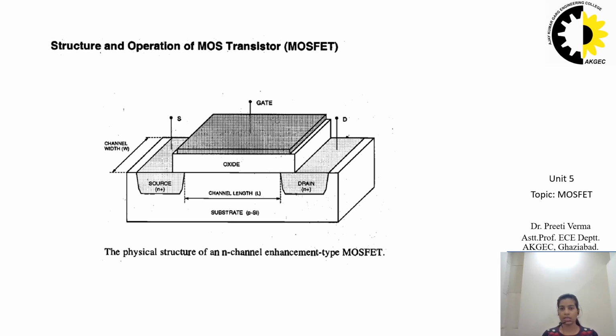Similarly, in depletion type MOS, we have N-channel depletion type MOS and P-channel depletion type MOS. So there are a total of 4 classifications of the MOS transistor, namely N-channel enhancement type MOS, N-channel depletion type MOS, P-channel enhancement type MOS and P-channel depletion type MOSFET.